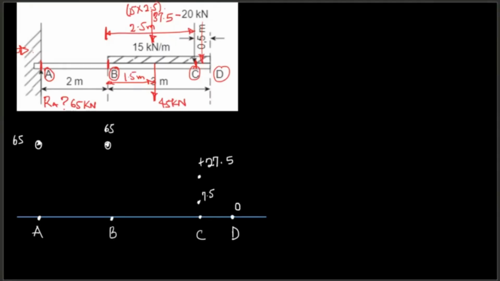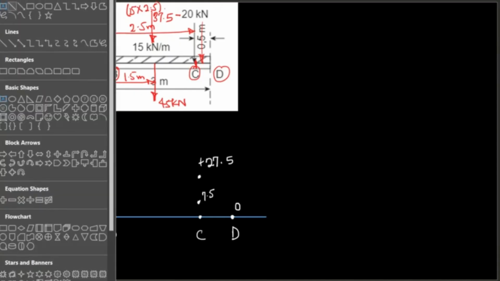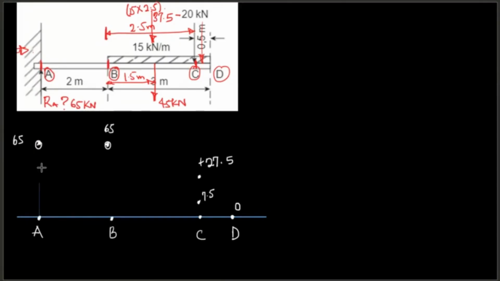So what you are now going to do is join the points. You have your straight line there. Going to be another straight line there. There is no force acting in that section. I'm going to have this to 27.5.